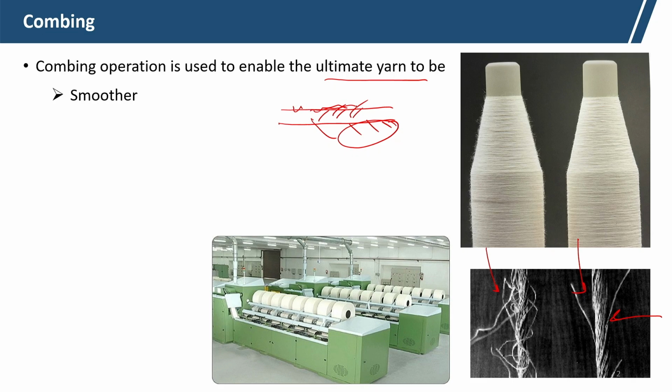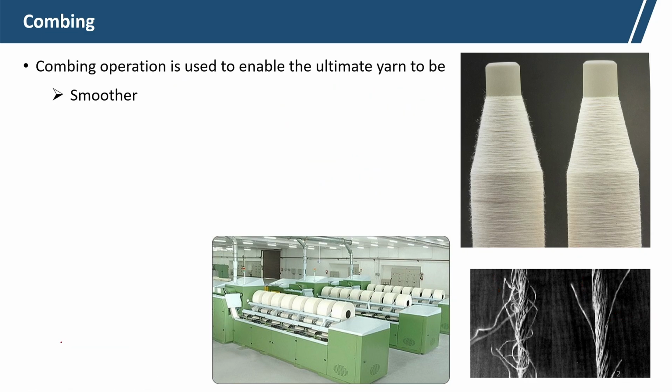At the same time the short fibers present in the mixing form floating fibers in subsequent drafting, maybe in ring frame or in roving frame, which forms irregularity. So, yarn irregularity also increases if we use the carded sliver.